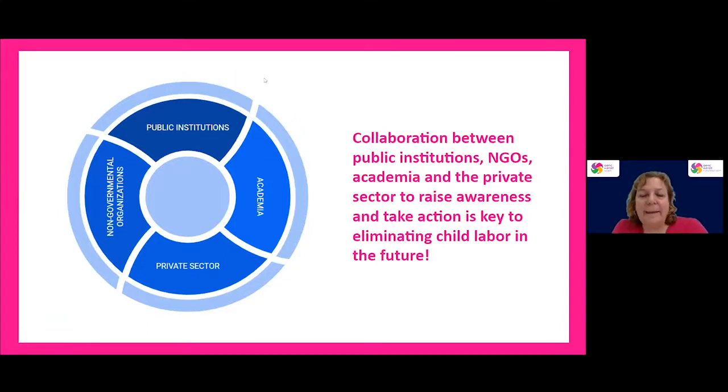And the United Nations, ILO, is very active in Turkey. And NGOs and international NGOs are also very active in Turkey. And academia and the private sector, especially in the hazelnut sector, mostly companies are very active.